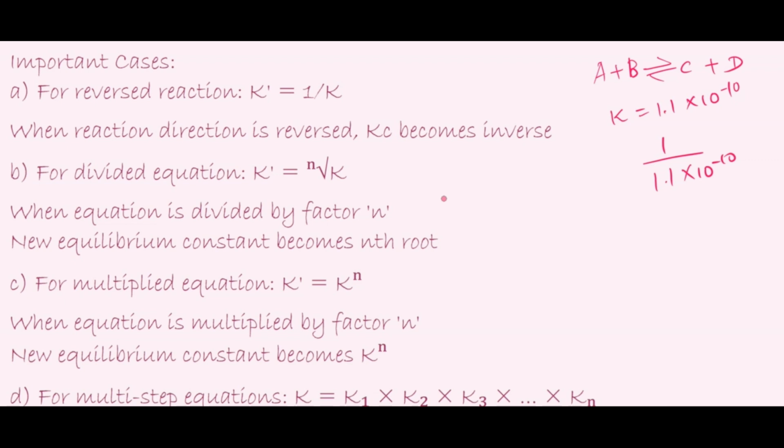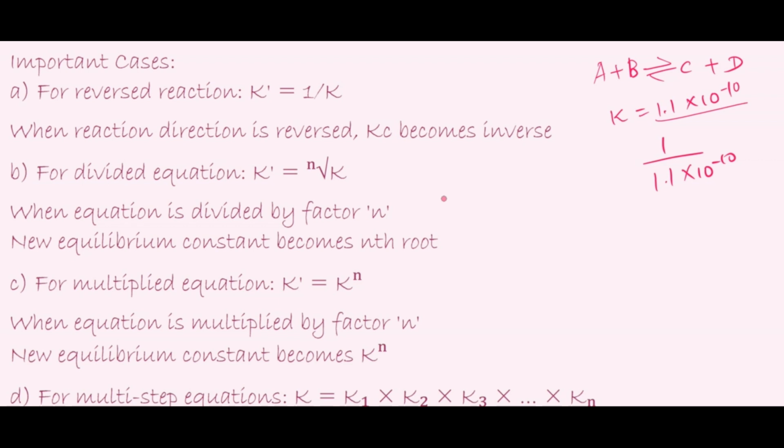The second type of question that can be asked is if an equation is getting divided by a factor n. Let's say I'm taking a molecule and dividing it by 2. Then how will you find how it affects the equilibrium constant? Take the same example.